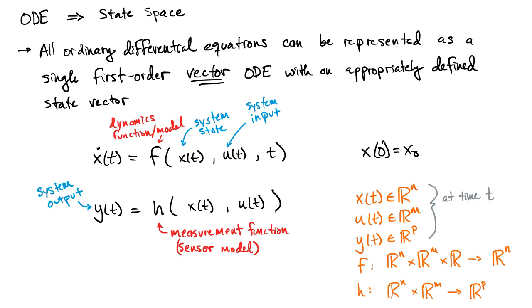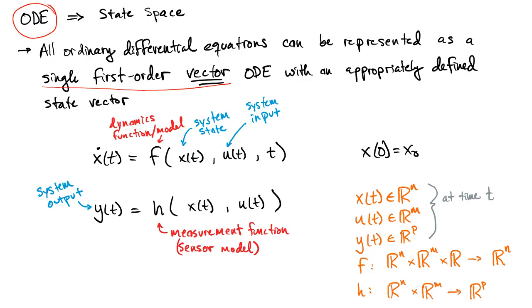So when we think about representing a system in terms of its state space representation, what we're really doing is trying to represent an ordinary differential equation as a collection of coupled first-order differential equations. And we've already seen some examples of when this is already true.